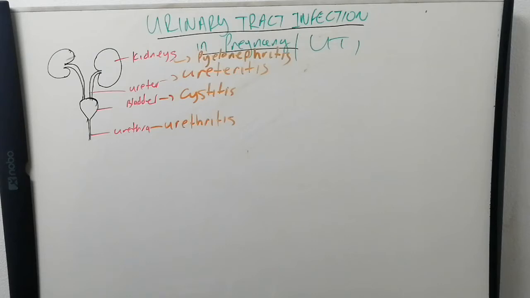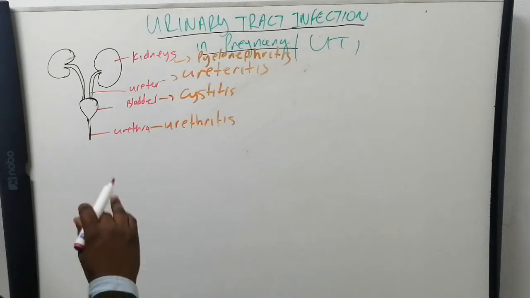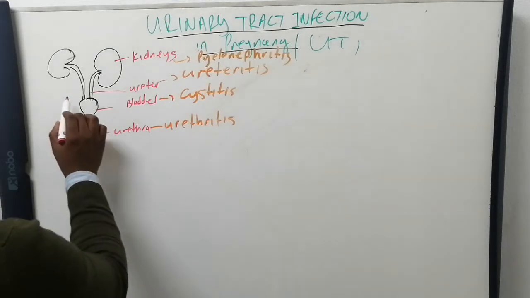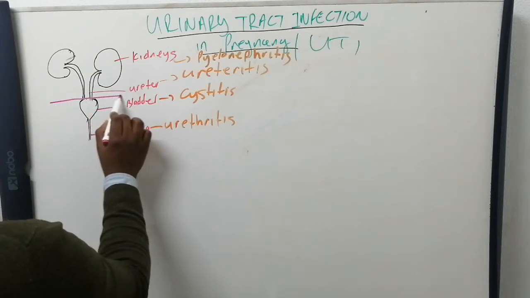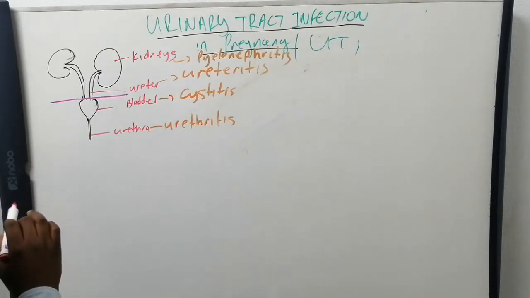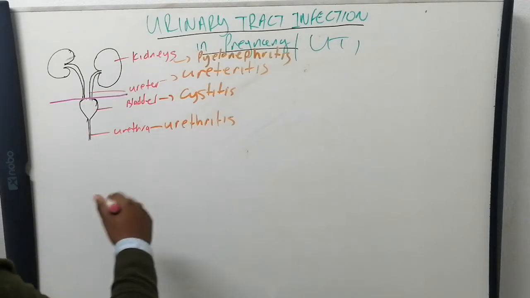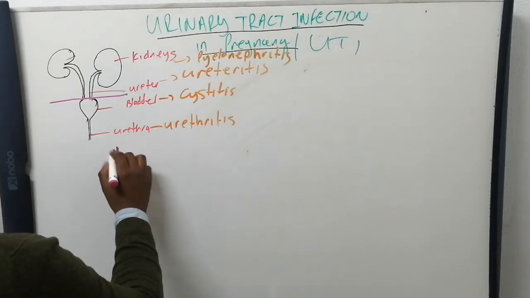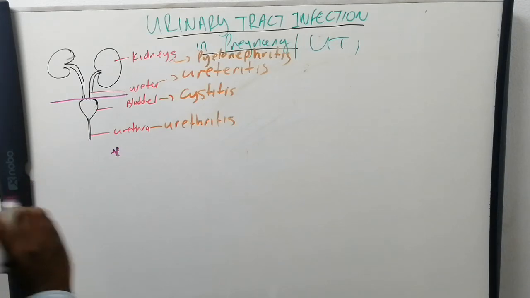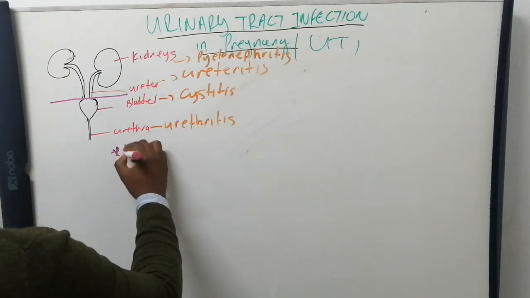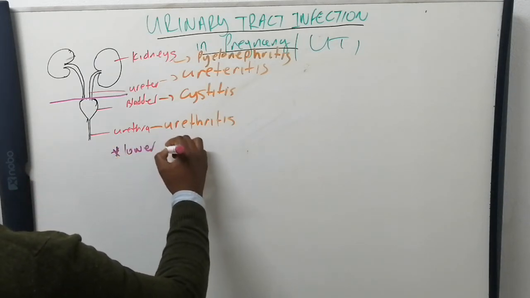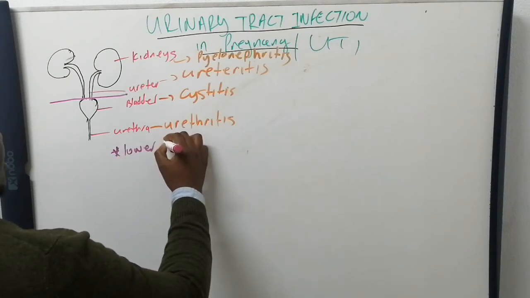But what is important is to know that the urinary tract is divided into two. If you make a line here, you will divide the urinary tract into two. The lower portion, the bladder and the urethra, is known as the lower urinary tract.